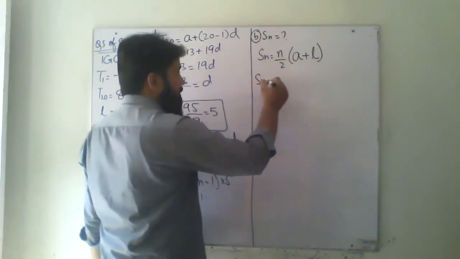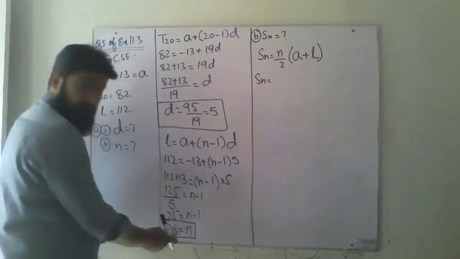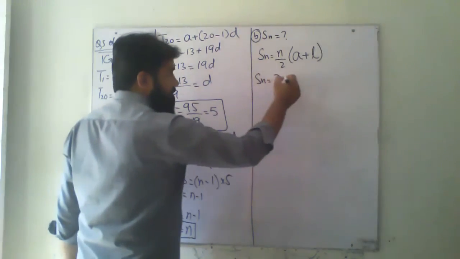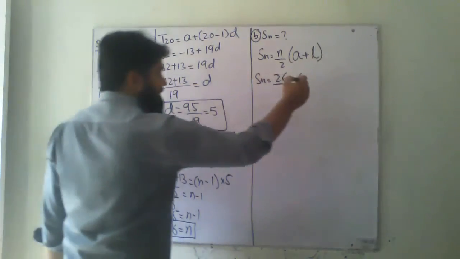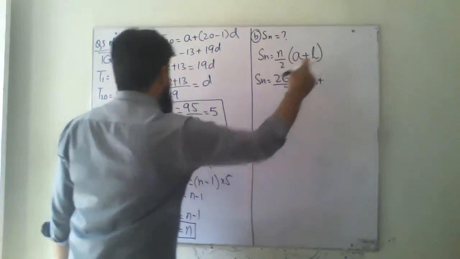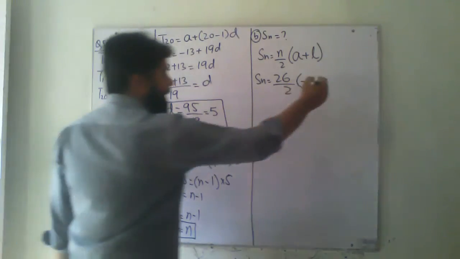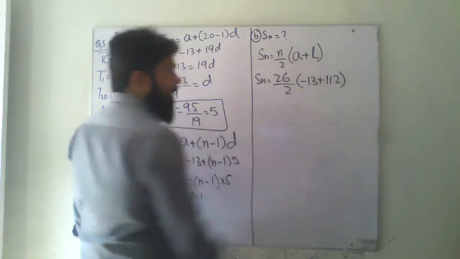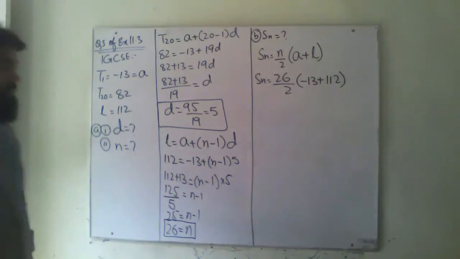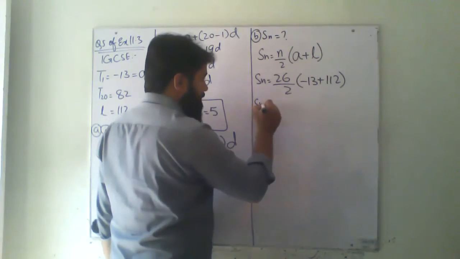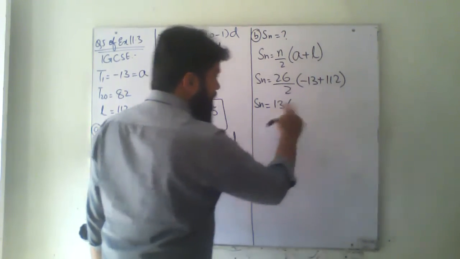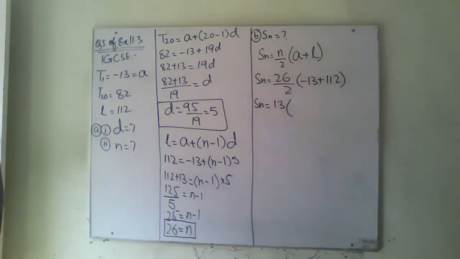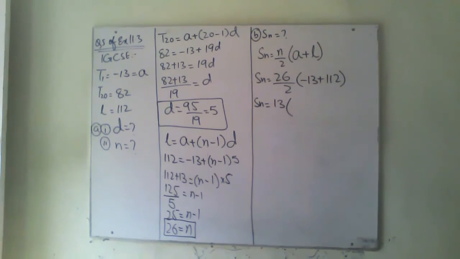Sn equals, n is coming 26 over 2. A is given, minus 13. L is given, 112. Okay, so when I simplify it, Sn equals 13. Subtract these two and simplify your values. You can have your answers over there.